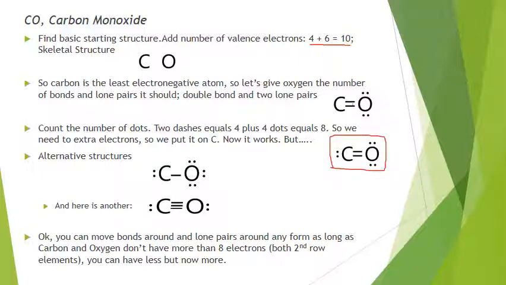Now, what can happen here is that you can move that double bond out here. One of these is a sigma, one's a pi. The sigma bond can come out and be a lone pair, but it also turns out that it could go the other way and come out on the carbon.